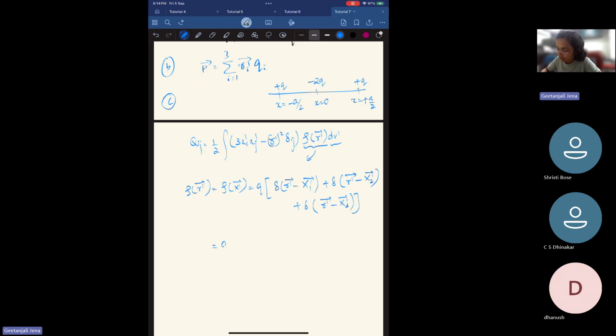So rho r will be q delta r prime plus a by 2, delta r prime plus delta, r prime plus, minus a by 2.